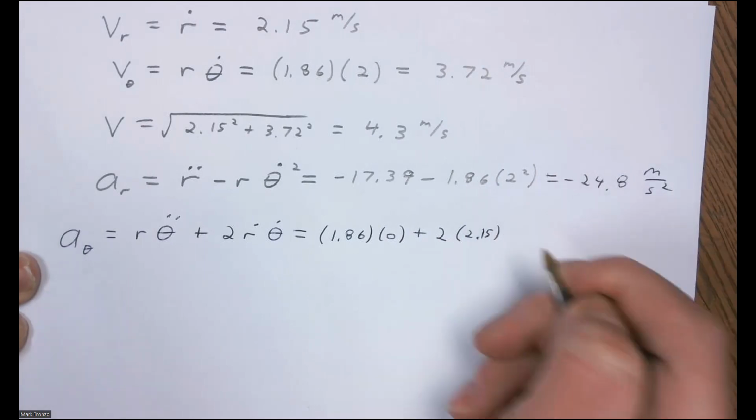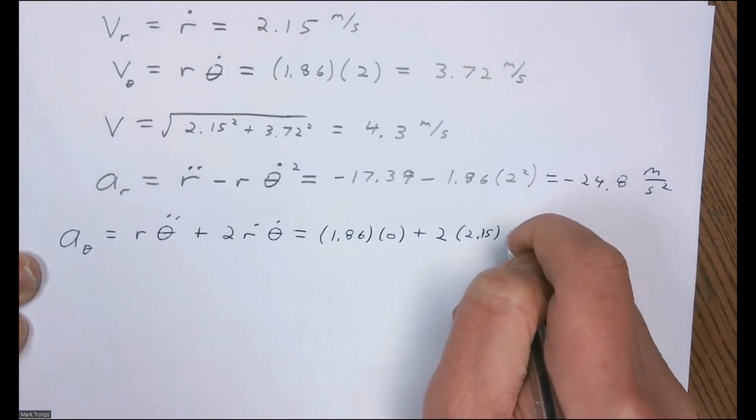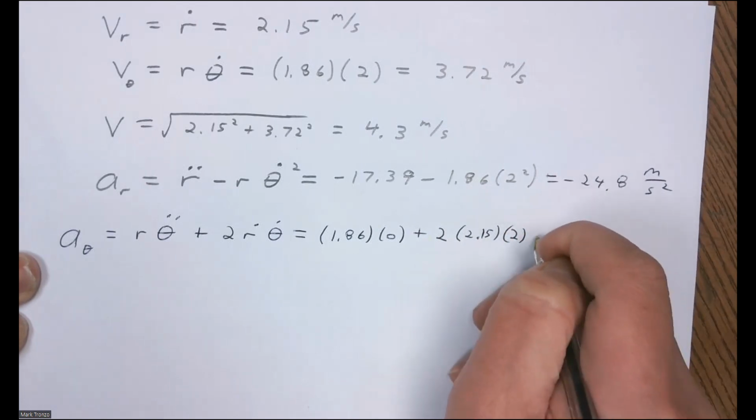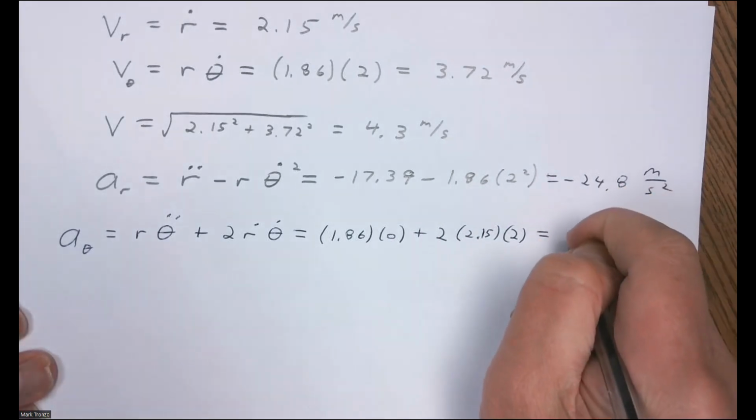It's 2.15. And then times theta dot, which was 2. And we calculate that. That's 2 times 2.15 times another 2, around 8.6 meters per second squared.